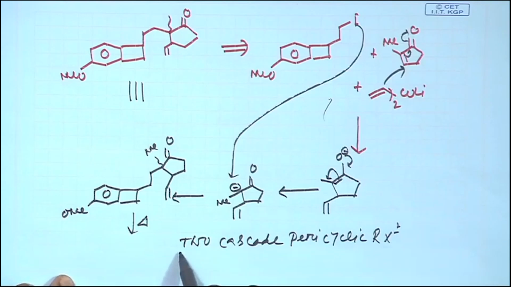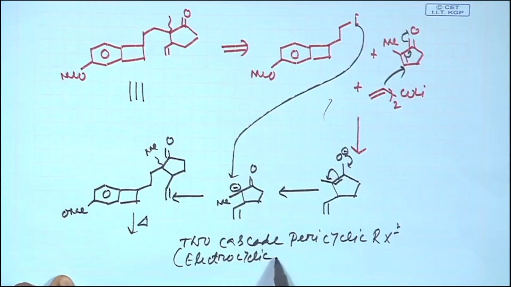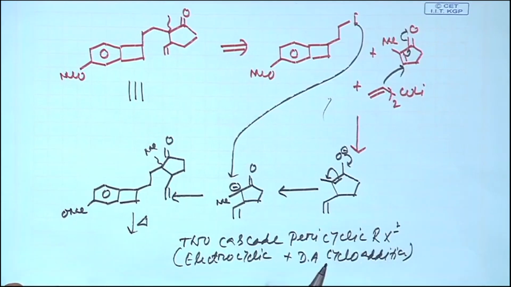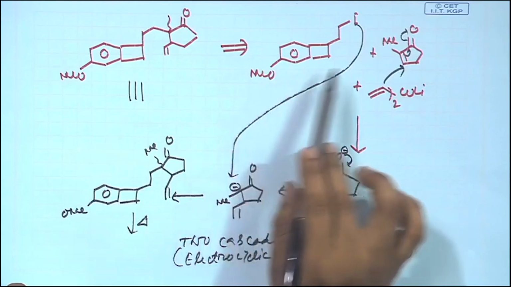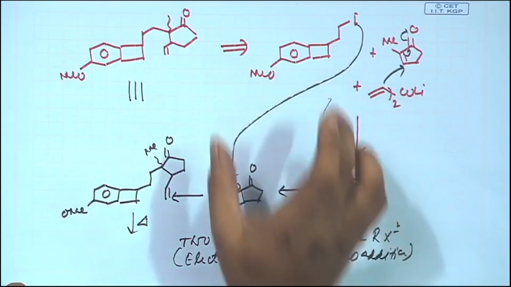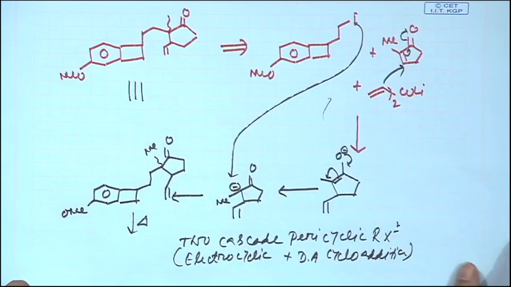The pericyclic reactions we talked about here are an electrocyclic ring opening of this benzocyclobutane and a Diels-Alder cycloaddition. So, these 2 reactions are the key transformation used as the penultimate or final stage, and in the very beginning we use this multi component reaction to access the core intermediate.